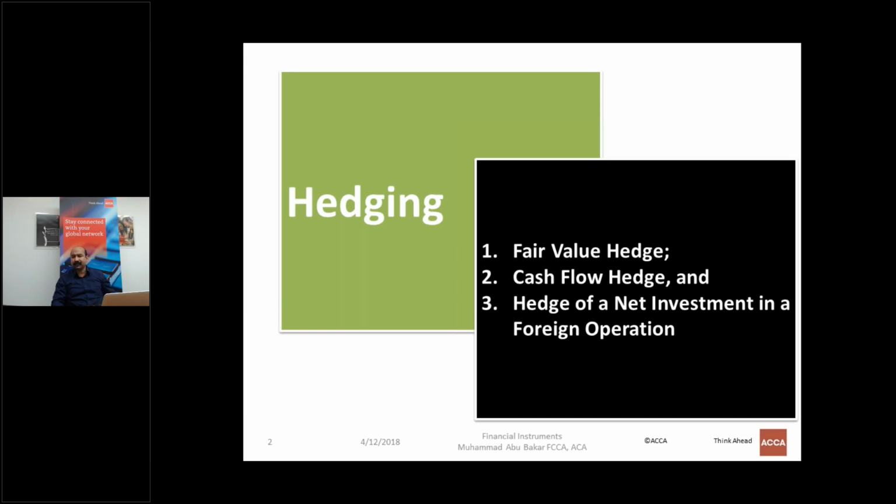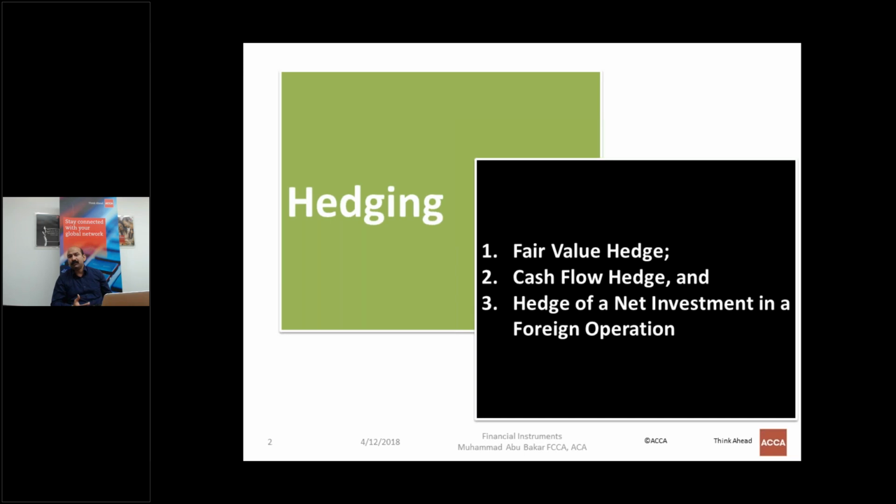So this is the risk of loss, and you want to cover yourself from this loss. That's why you apply hedging techniques, so that you could avoid this loss due to exchange rate movements.